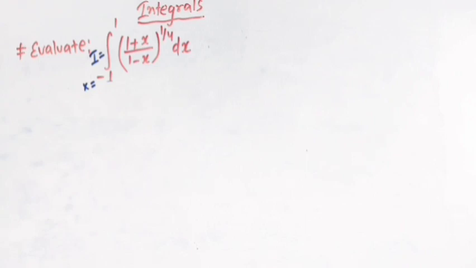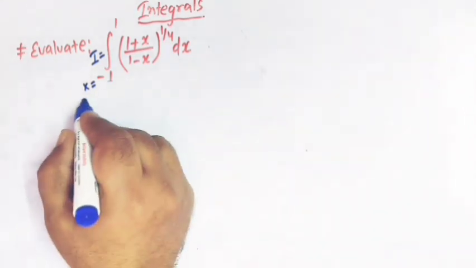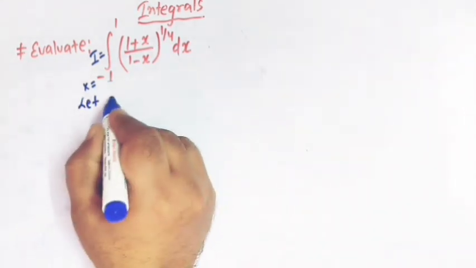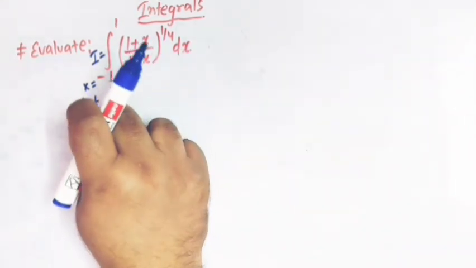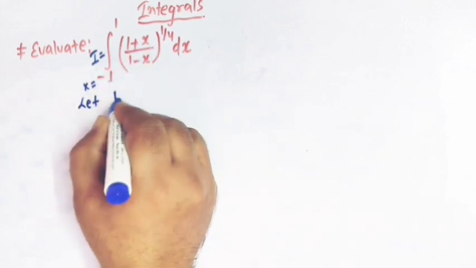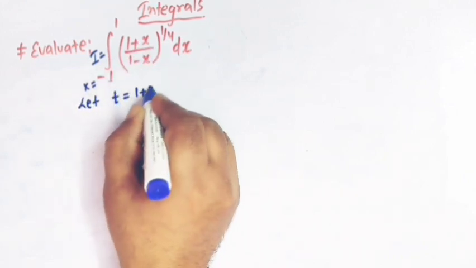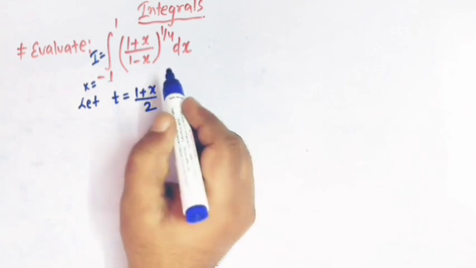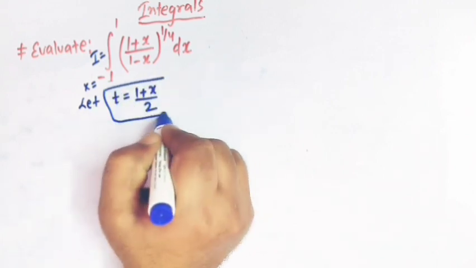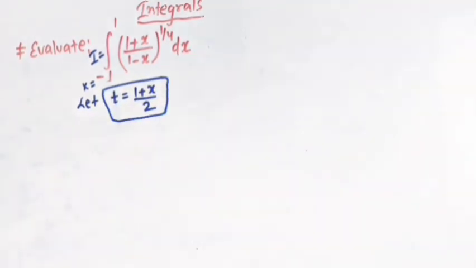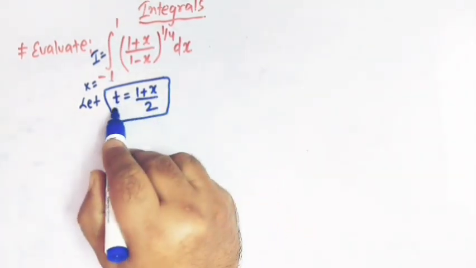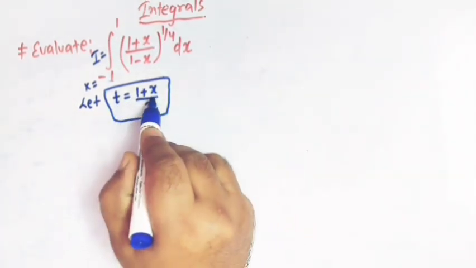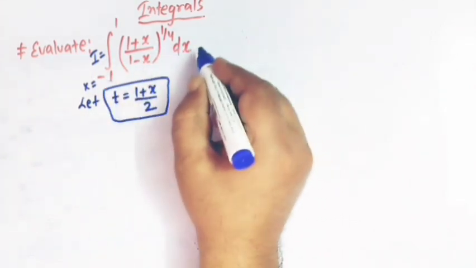Here we'll make an important substitution, that is we'll take t is equal to (1 plus x) over 2, right? So here we are making this substitution, t is equal to (1 plus x) over 2, and let us change the limits accordingly.